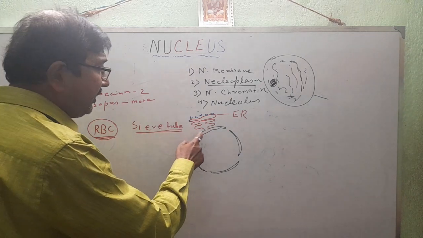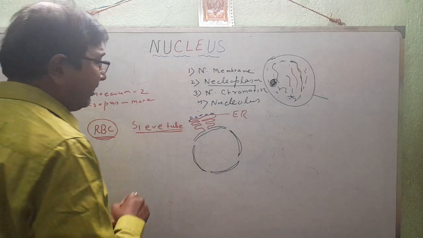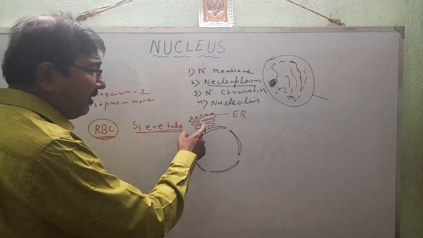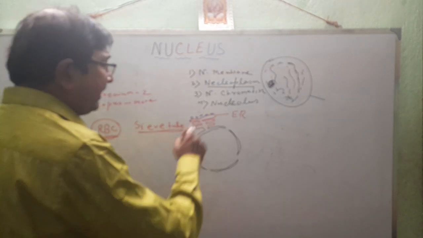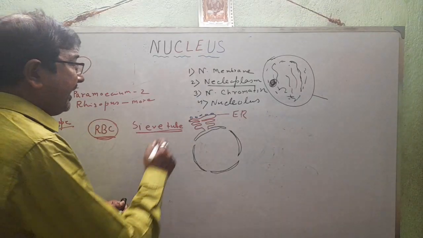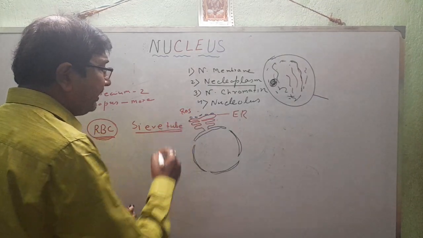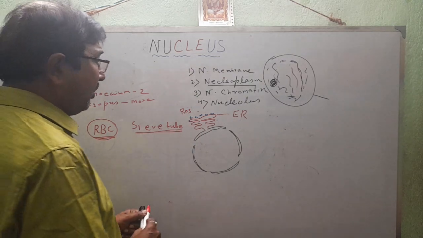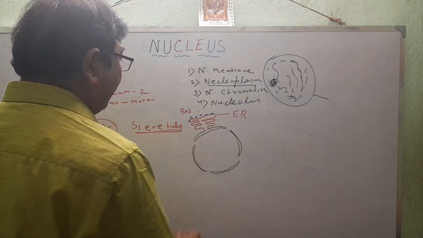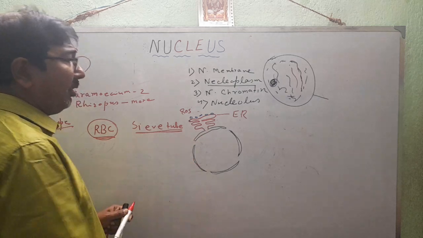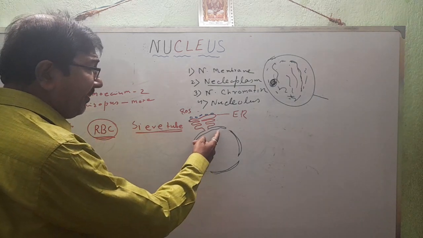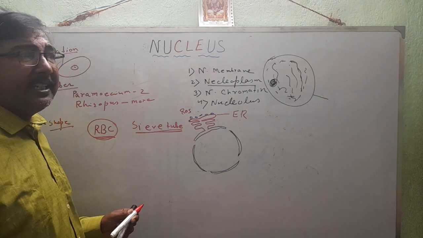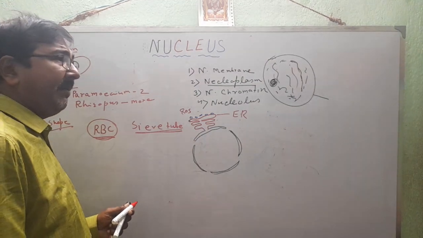So there are two membranes, outer and inner, with a gap between them, the perinuclear space. The outer membrane is connected with the endoplasmic reticulum, and 80S ribosomes are also present there. The inner membrane is supported by a filament of lamina protein.